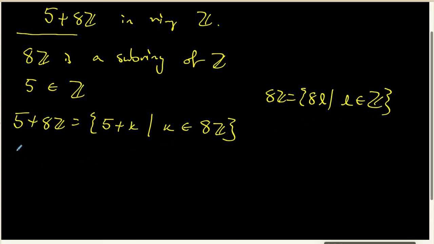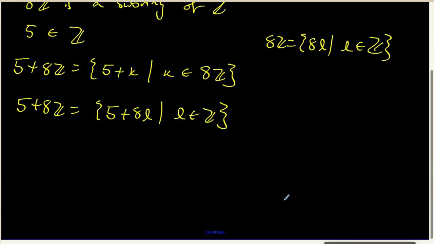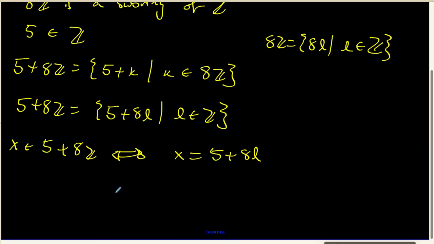And so what we can say is that this particular set, 5 plus 8Z, can be thought of as 5 plus 8 times L, where L is any integer of Z. In other words, x belongs to this set, 5 plus 8Z, if and only if x can be written as 5 plus 8 times something, and that actually means that x minus 5 is equal to 8 times something.